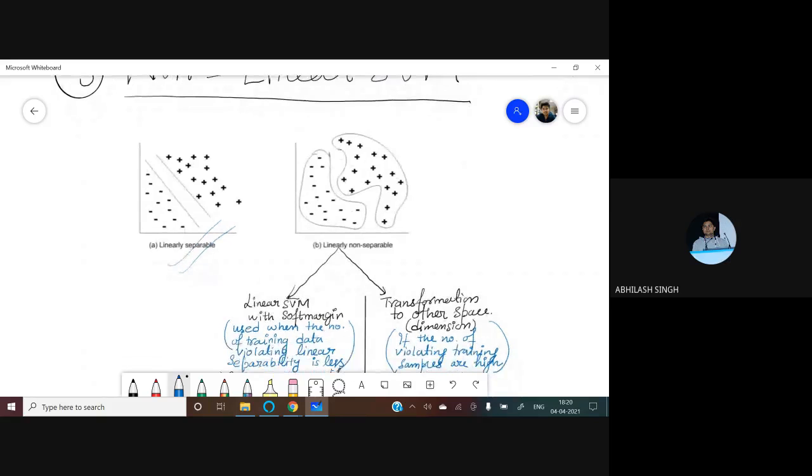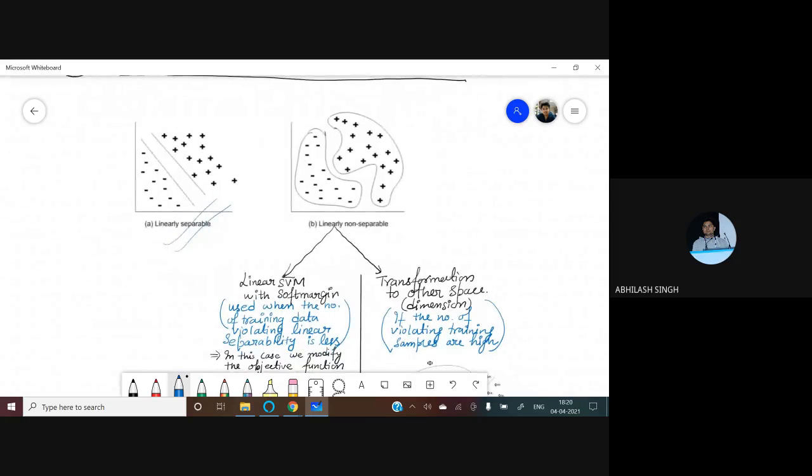There are two concepts for data sets that are not linearly separable. If I give you data that is not linearly separable, as you can see in this diagram, no straight line is possible to separate these two classes. So let me check whether the number of training points that violate linear separability is small.